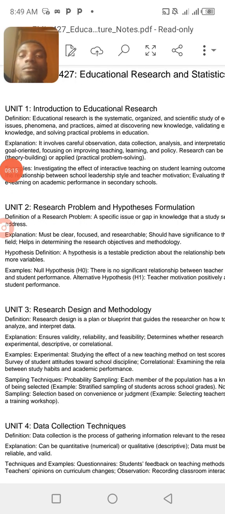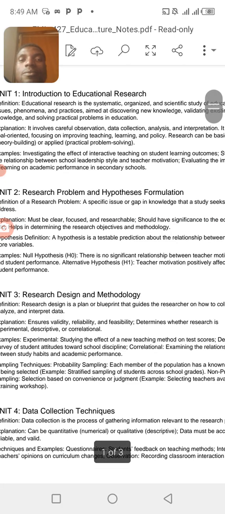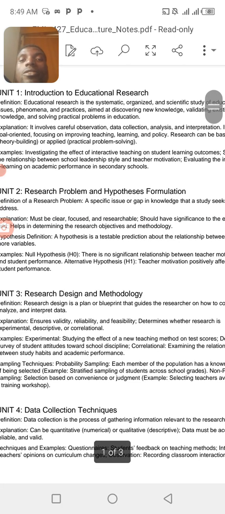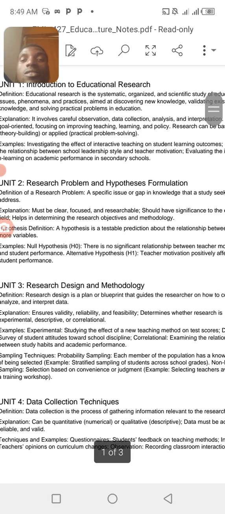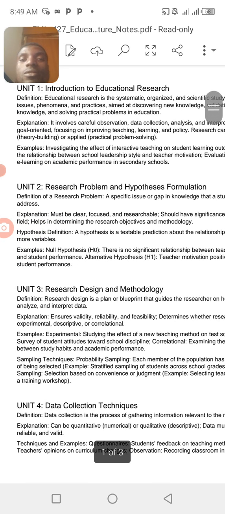So, remember Unit 1, I said that we're going to look at Introduction to Educational Research. Now, when we say introduction to educational research, we are actually referring to the systematic, organized, and scientific study of educational issues.